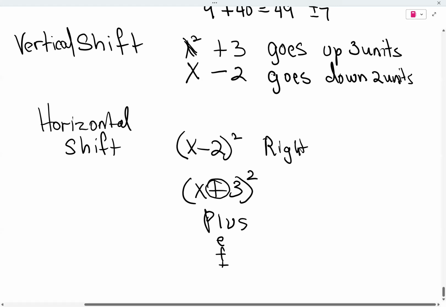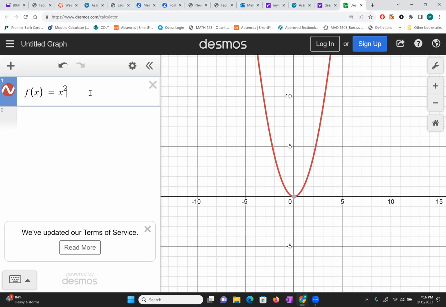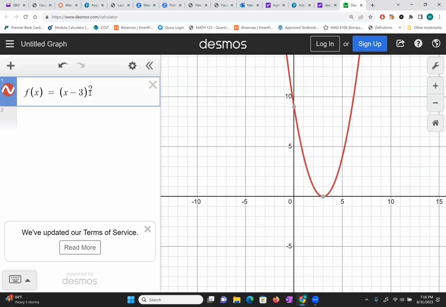So for example, let me get back out of here. I'm going to go back to decimals, and I'm going to get rid of the vertical. Now I'm going to write this with parentheses, x -3, and close the parentheses. Do you see where it is?